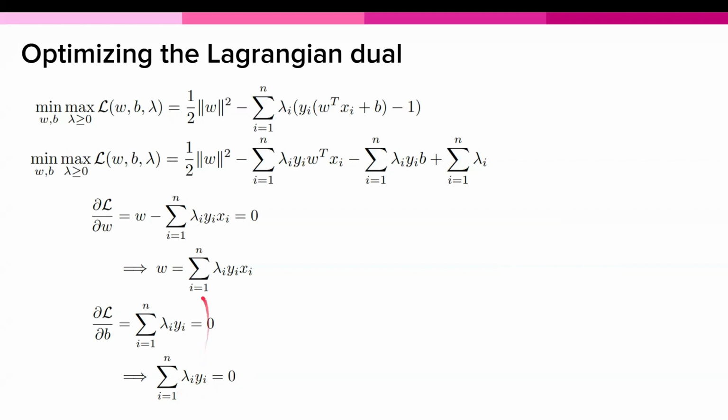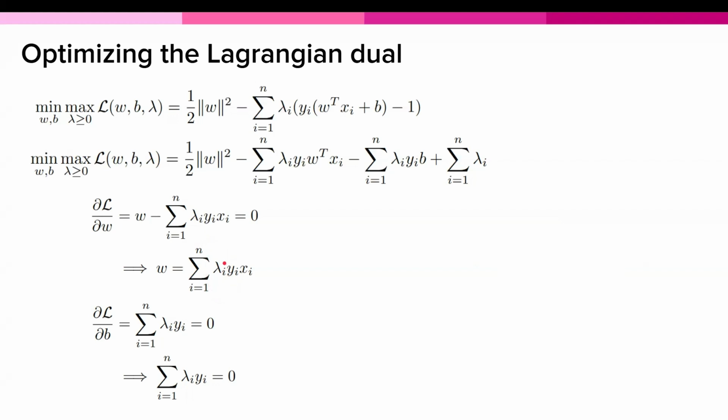And so the key takeaway here is that we've now expressed the model parameters w in terms of the training data points, but then because of the complementary slackness condition, we know that many of these lambdas will be 0.